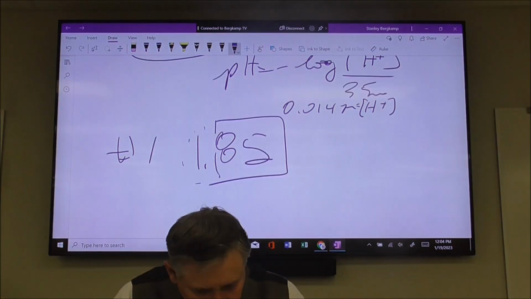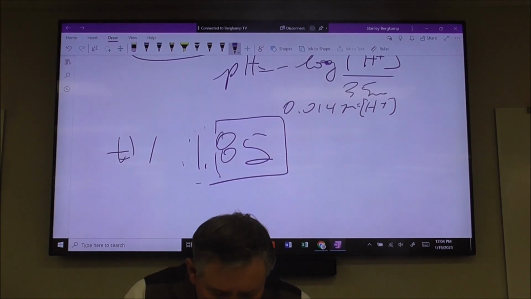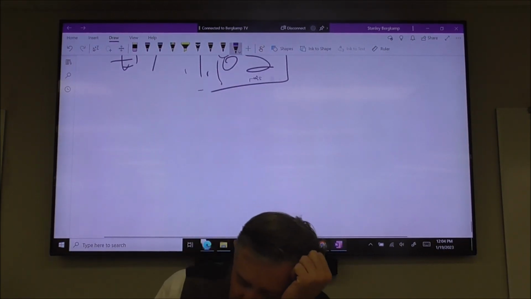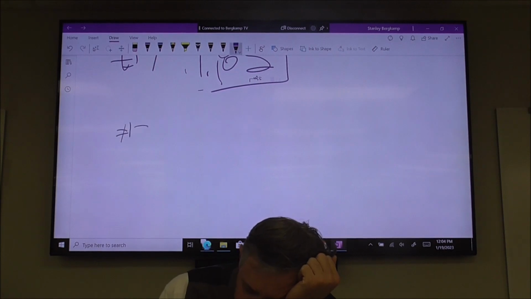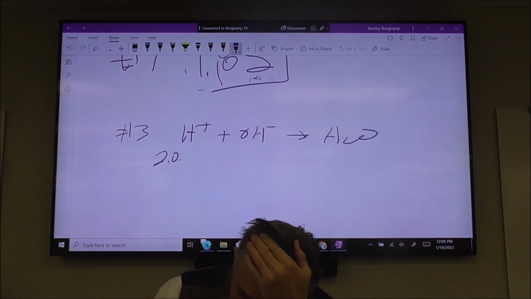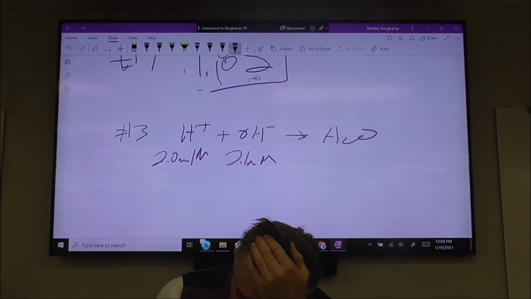Now, when you get to question number 3, because this is going to play out large later on, same idea: hydrogen plus hydroxide yielding water. So you've got 2 millimoles of your acid, and you have 2.1 millimoles of your base.